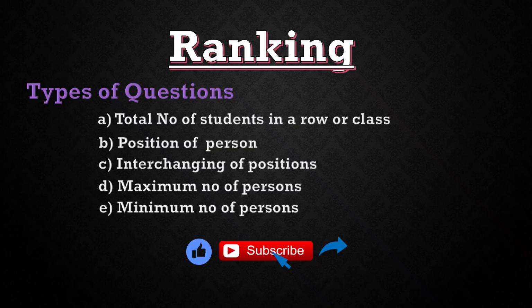Third one, which is very important in terms of ranking question, that is interchanging of positions. Mark this as very important one. Fourth one, we have maximum number of persons and fifth one is minimum number of persons. So these are the 5 types of questions you can see under ranking concept.